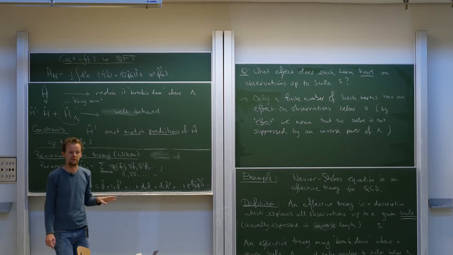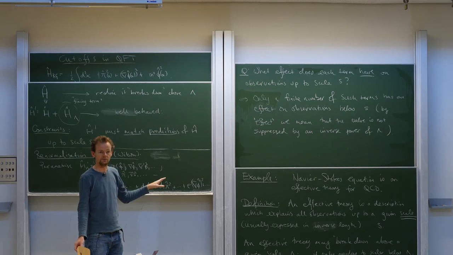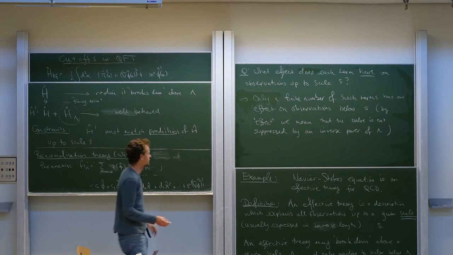at least for the scalar theories that we've been talking about, and in fact for other theories that we're going to talk about later in this course. Such terms are called relevant perturbations.